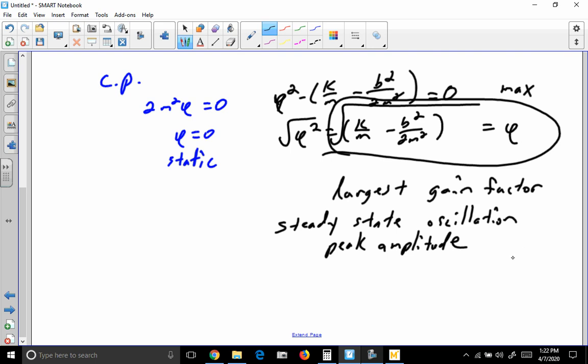So what does that have to do with anything? The way this will come into effect is, if we want to stay away from having the largest resonance, that peak amplitude, then we might have to adjust something such as the spring being used in our system, stiffer or weaker, or more likely, we might have to adjust what we're using to dampen our oscillation.